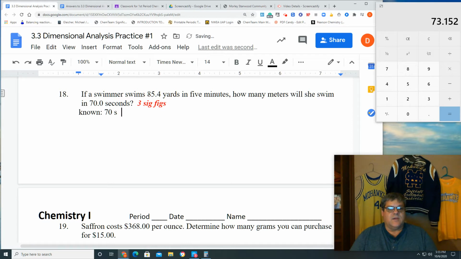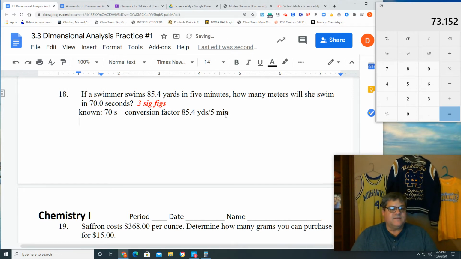And this other number that we have in here, 85.4 yards in 5 minutes, is a conversion factor. So we have our conversion factor of 85.4 yards per 5 minutes.